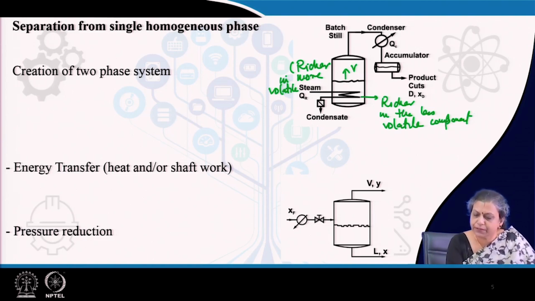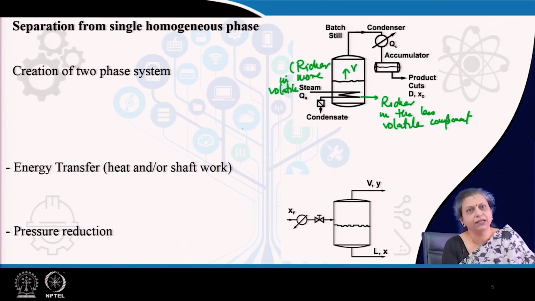This vapor rises up, it is condensed and it collects in the accumulator where we receive a product. Quite naturally, this product is richer in the more volatile components and it leaves behind another product in the still which is richer in the less volatile component.